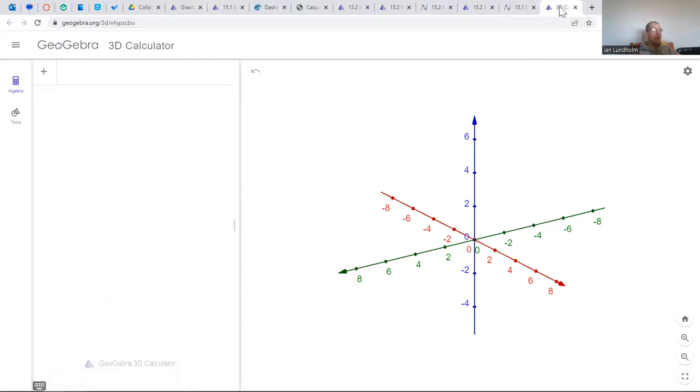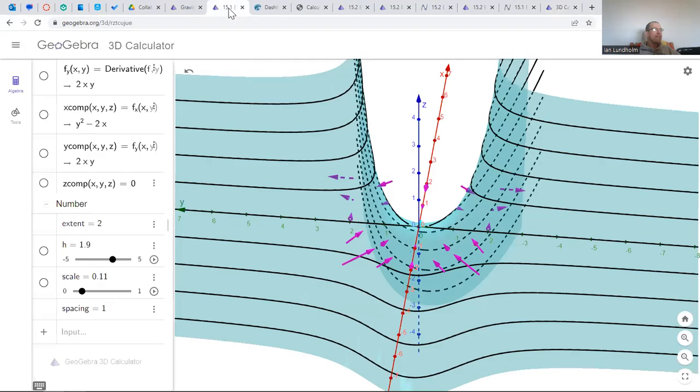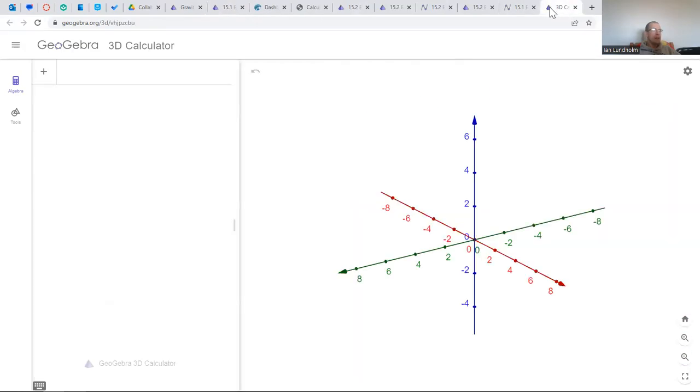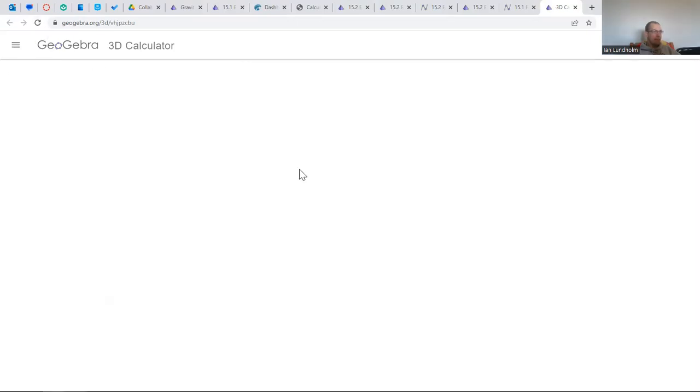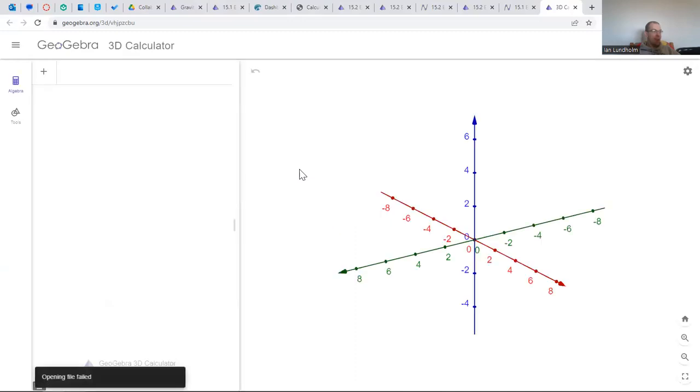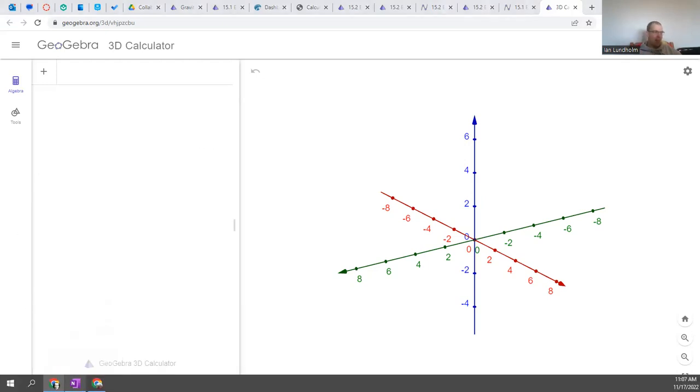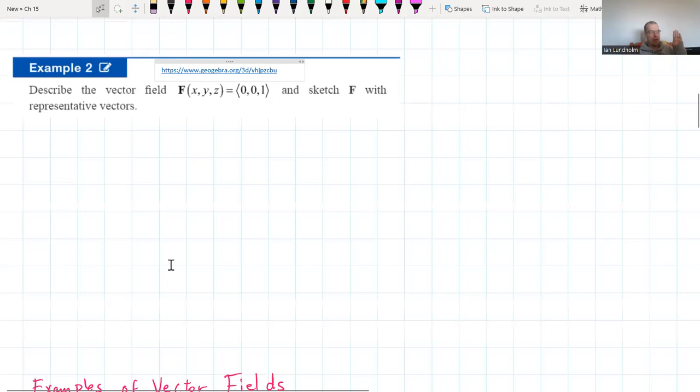All right, so I left some of these open so that hopefully they would just stay open and work. All of the vectors are just pointed up, and there's a whole field of vectors. We're going to look at more complicated ones. Yeah, I'm not going to get too flustered about example 2 not working.